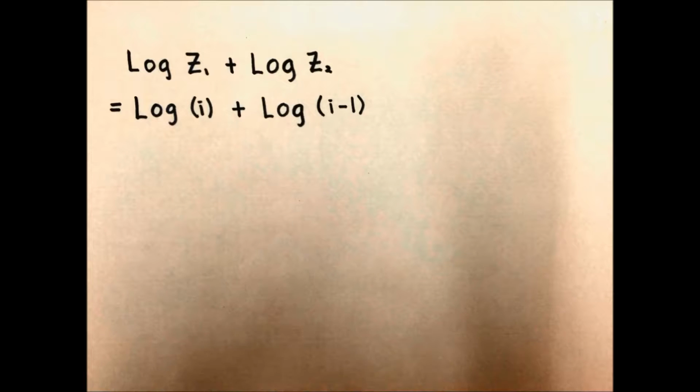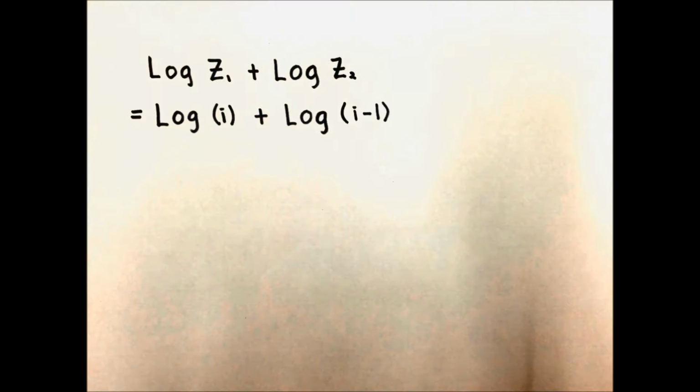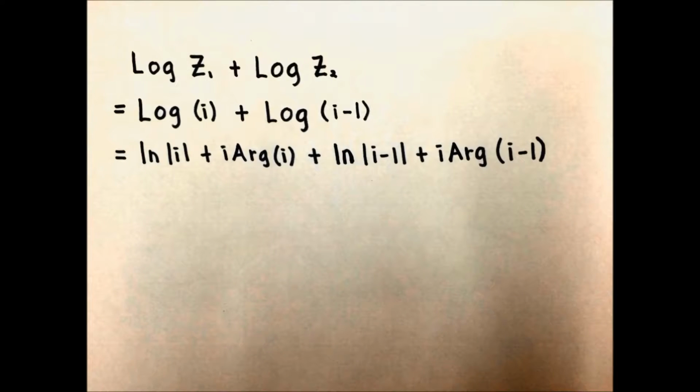For the right hand side, firstly we write log z1 plus log z2 is equal to log i plus log (i minus 1). As we know, log i is equal to ln absolute of i plus i argument of i, whereas log (i minus 1) is equal to ln absolute of (i minus 1) plus i argument of (i minus 1).